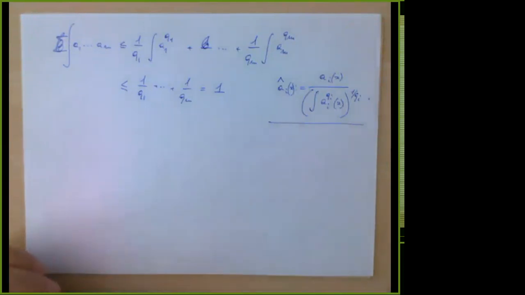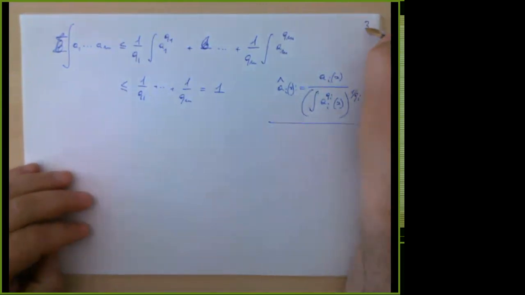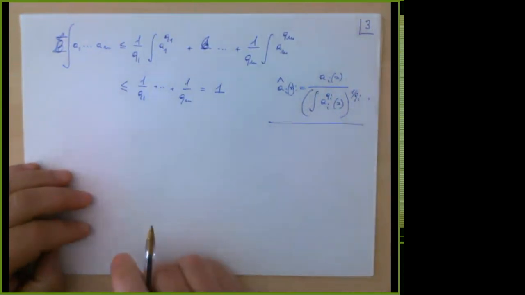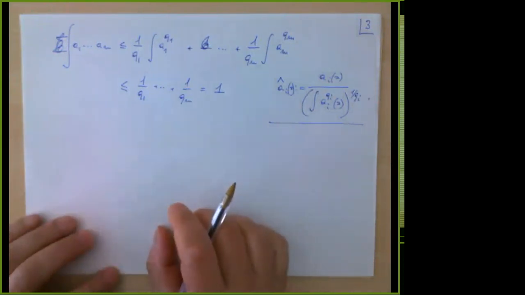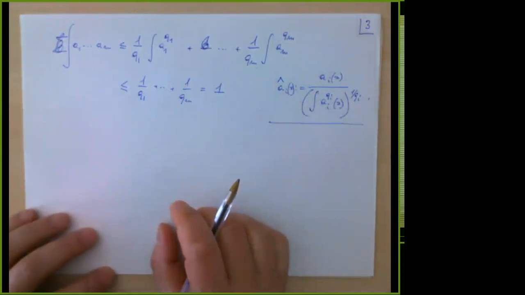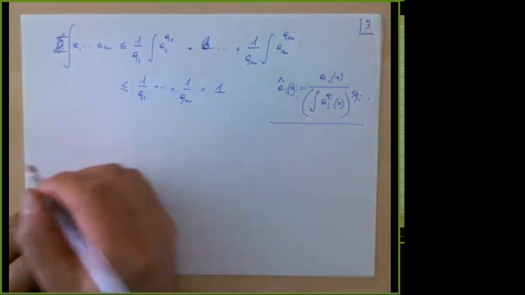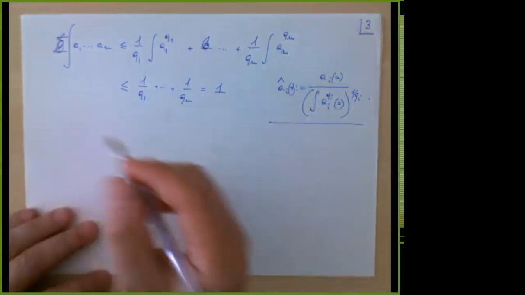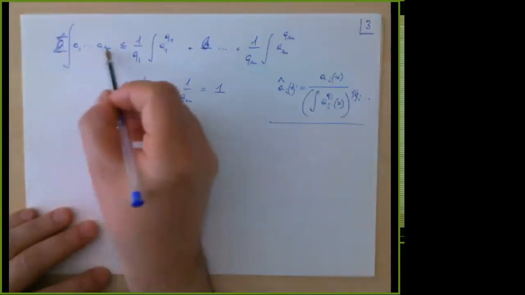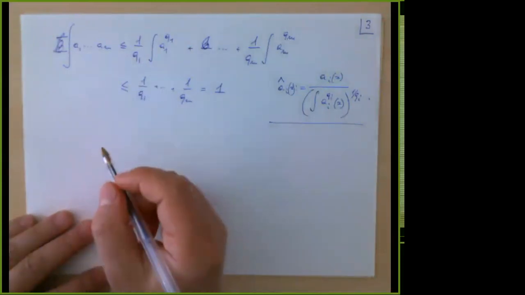As always in our discussions, we tried to identify the case of equality, and this is something that we have not done yet. So for this, we restrict to the case where we have only two functions. So maybe now, well, I will keep calling them a_i, even if they are functions.